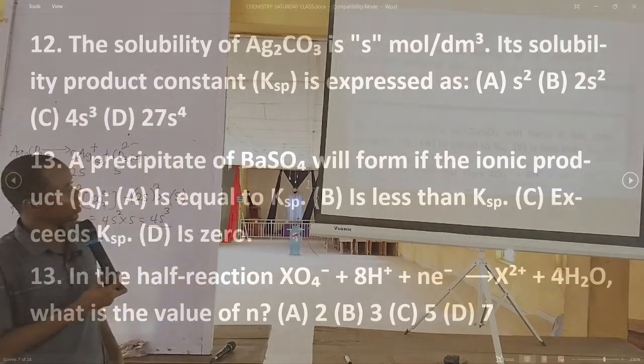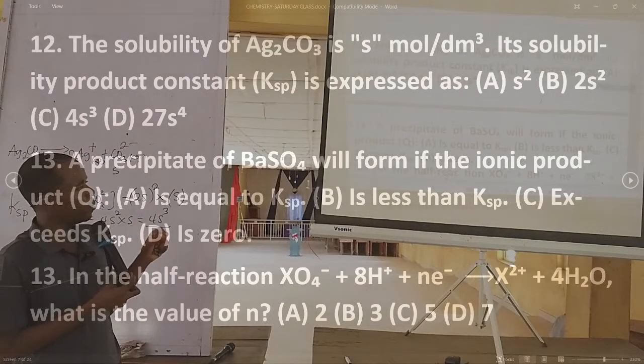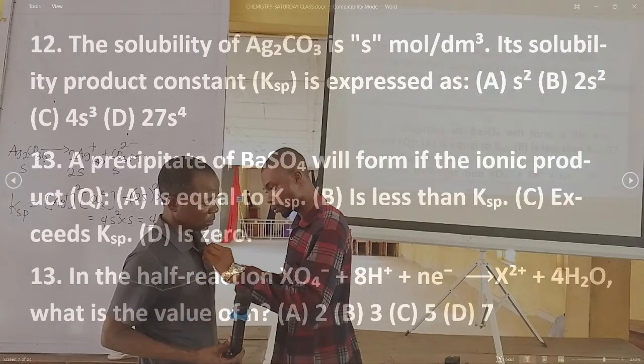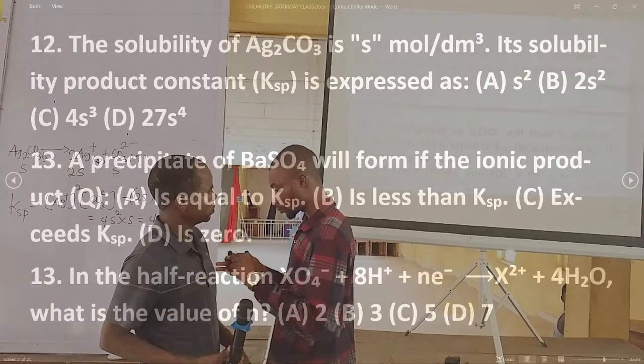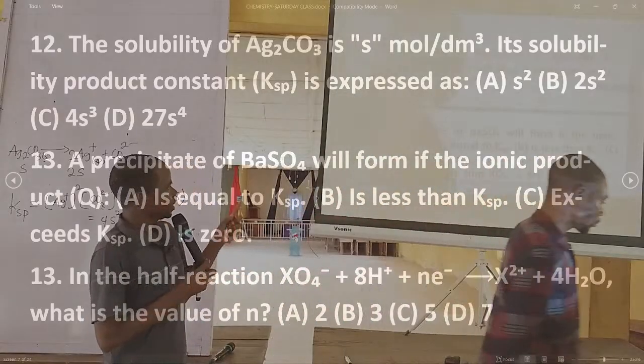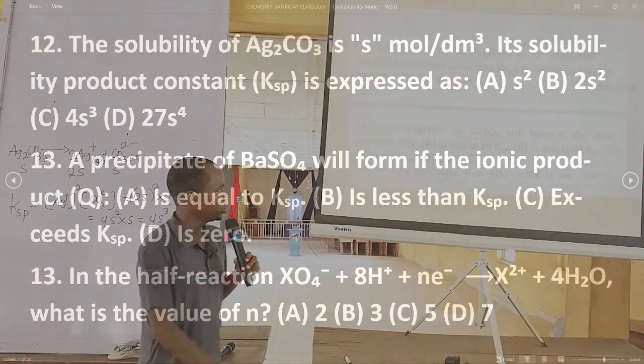Number 13 says a precipitate of barium sulfate will form if the ionic product Q is dash.